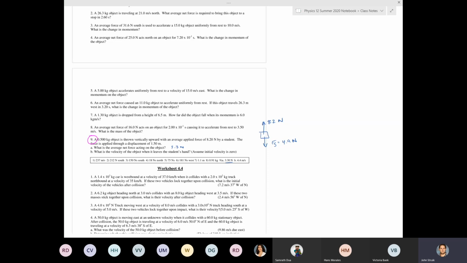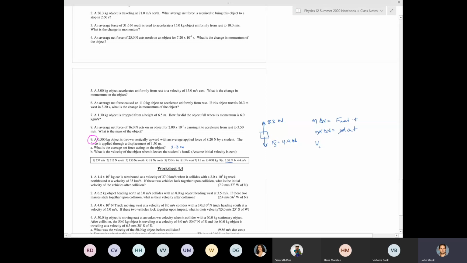And then what is the velocity of the object when it leaves the student's hand? And so initial velocity is 0. Okay, so we could do this two ways. We could go m delta v equals F net times t. And if you think about F net as ma, then we have m delta v equals mat, and the m's will cancel out.